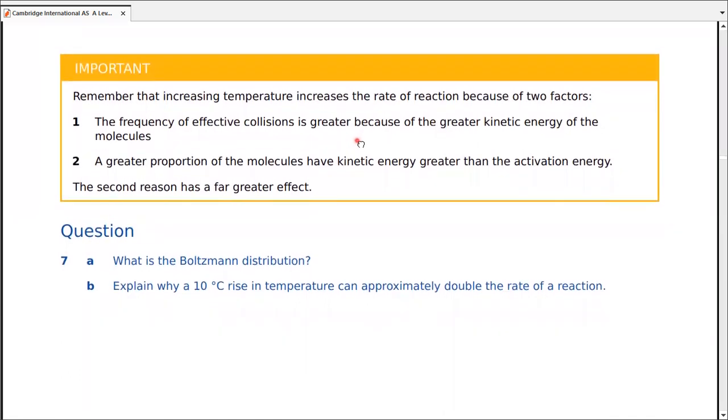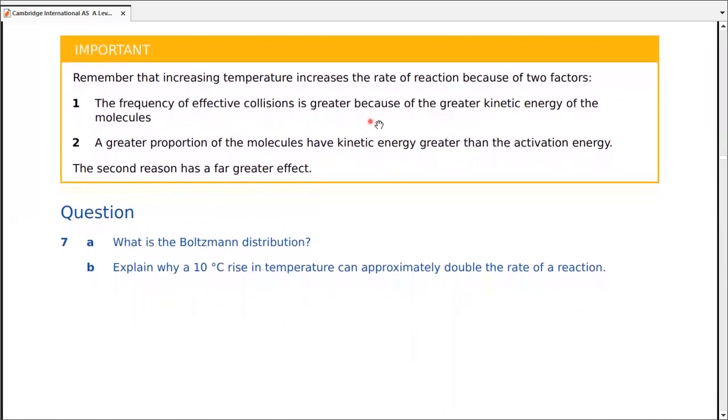This time, instead of just the word energy, he's using the term kinetic energy. Whether you use the broader term, energy, or the exact term kinetic energy, it does not matter, because both are explaining the same thing. There are two factors, and the second factor is more important and has a far greater effect than the first factor. I think I've already explained it clearly, so let's move ahead.